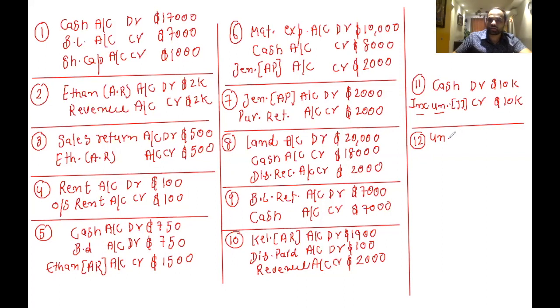Unearned income is debit, and revenue, we use the word revenue because everywhere we are using the word revenue. Credit 8,000 and 8,000.